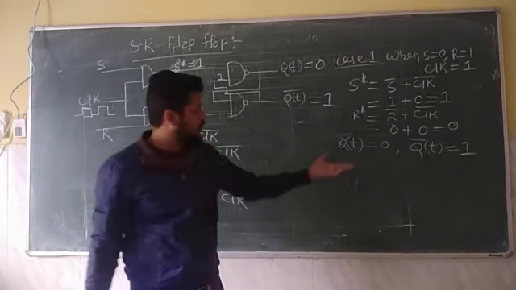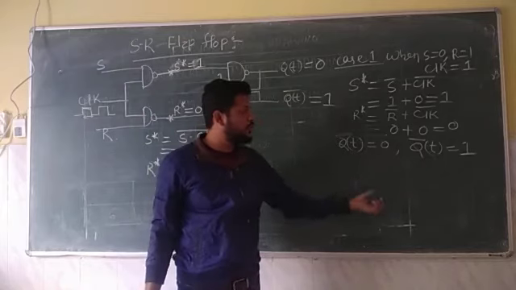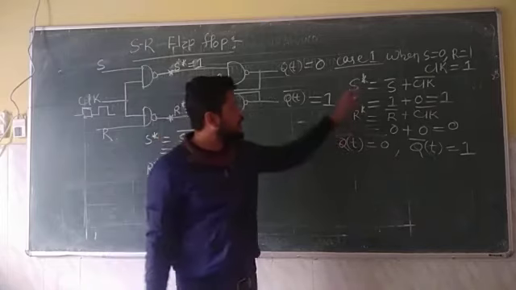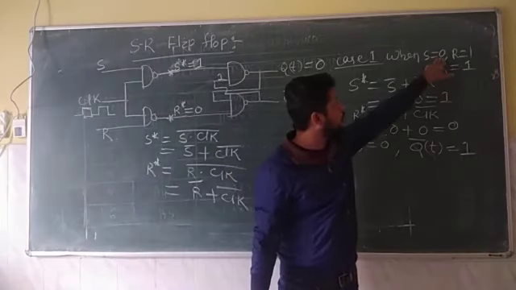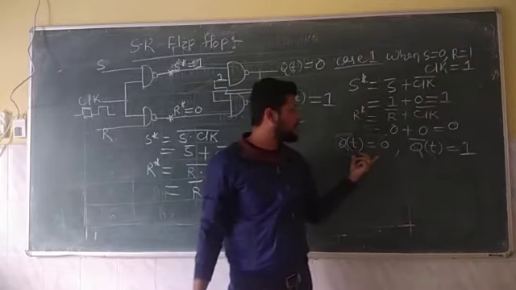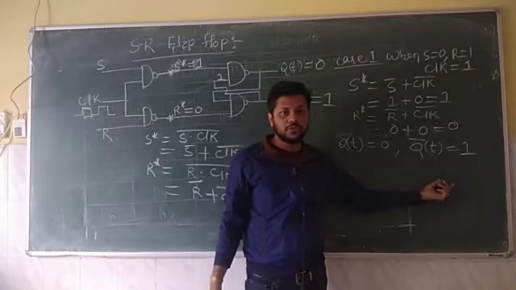So which is the basic concept? If Qt is equal to 0, Q bar t must be equal to 1. That is satisfied. That means when S is equal to 0 and R is equal to 1, we get Qt equal to 0 and Q bar t equal to 1.